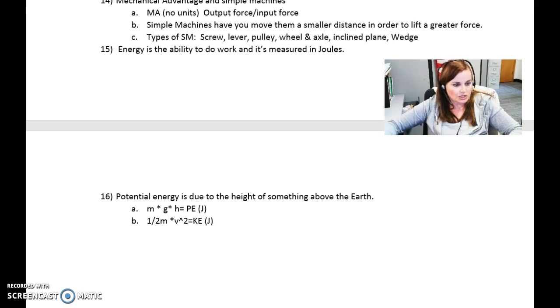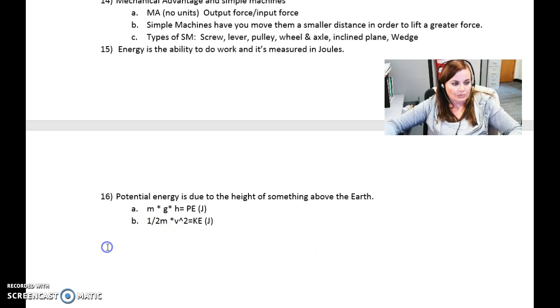Potential energy is not affected by the speed because the object's not in motion, remember. It only has the potential to move, and if it does start to move, we'll start seeing kinetic energy at that point.